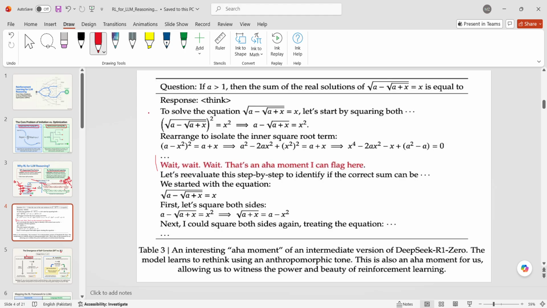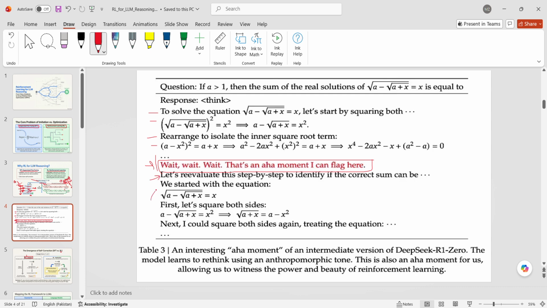So the LLM is trying to answer the given question, and in the middle, it has realized that the step it just did was wrong. If you are a math person, then you can see the mistake it made here. And in between the response, it realized that it has made a mistake and then it started to correct the mistake.